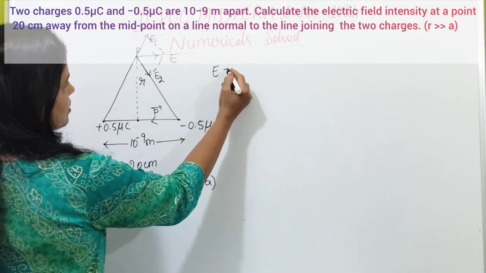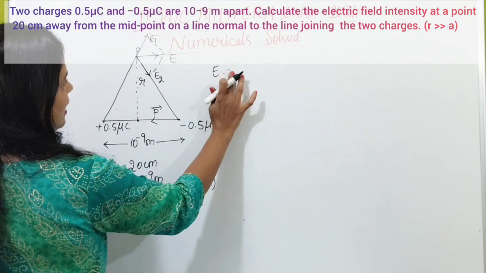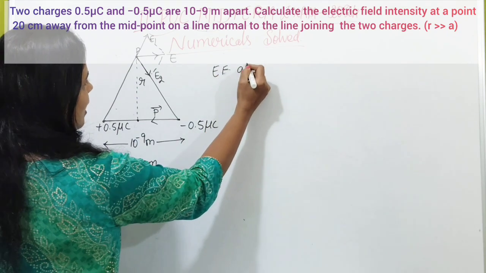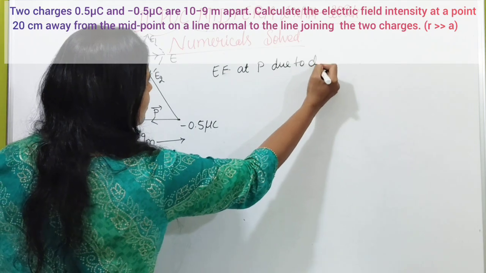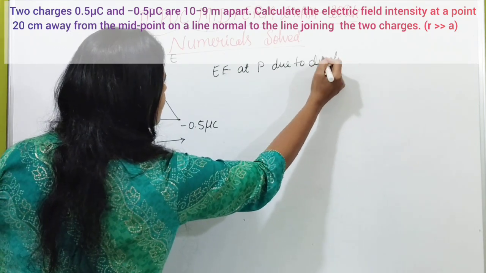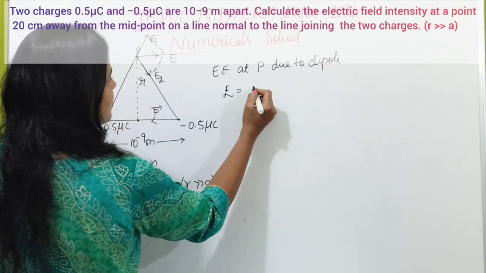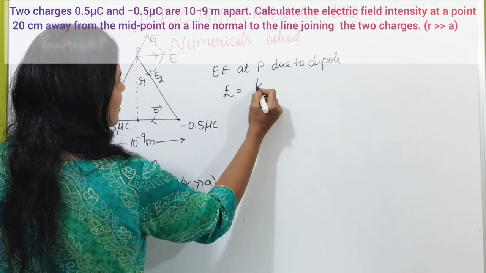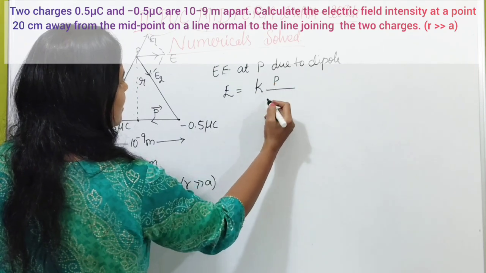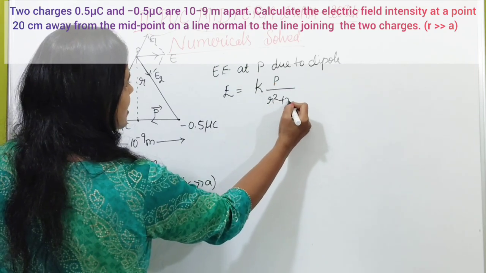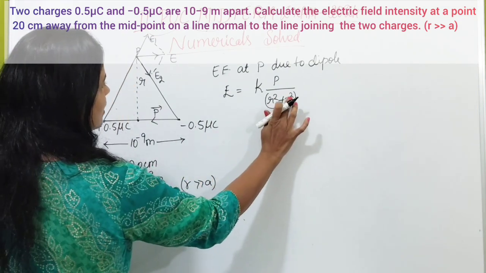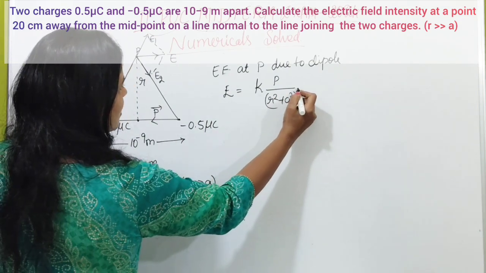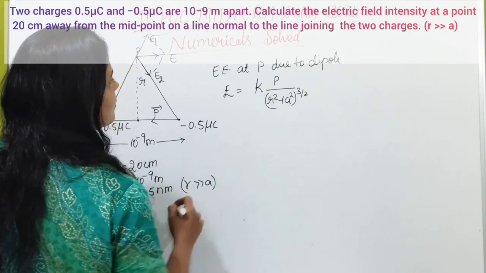Now how to calculate the electric field at point P? There is a formula to find the electric field at P due to a dipole. So what is the formula? E is equal to constant K, P divided by R square plus A square to the power 3 by 2.